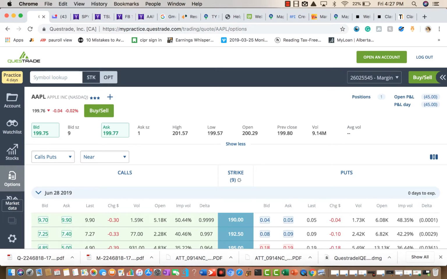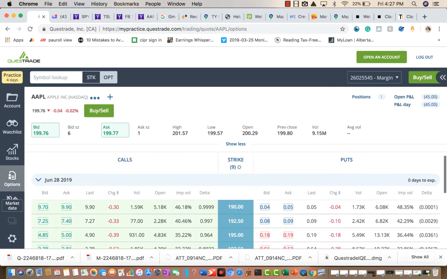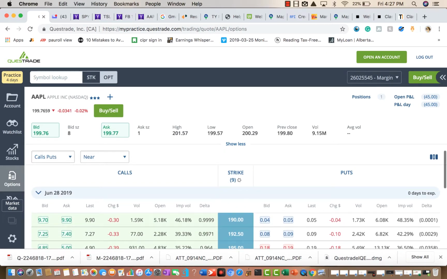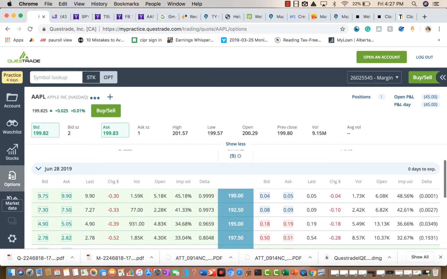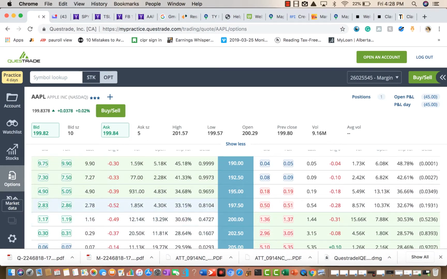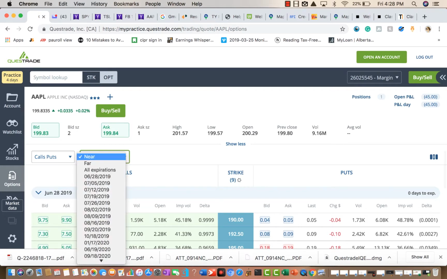All right, so you're just gonna slide it down to option, and now this is where you're gonna see the option chain. On the left hand side we have calls, on the right hand side we have puts. Let's say I want to do a call option on Apple, so I'm gonna be looking at this left hand side. I'm gonna choose an expiration of, like I said, at least 90 days to 4 months out.